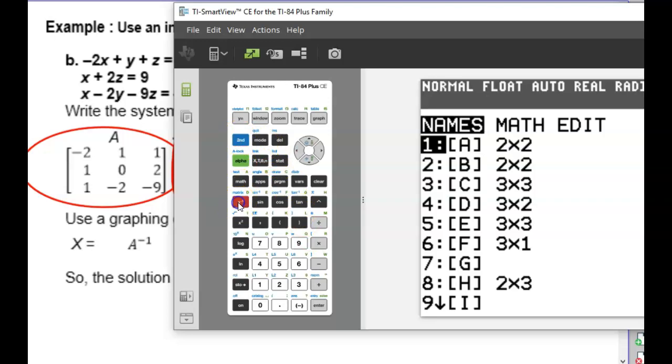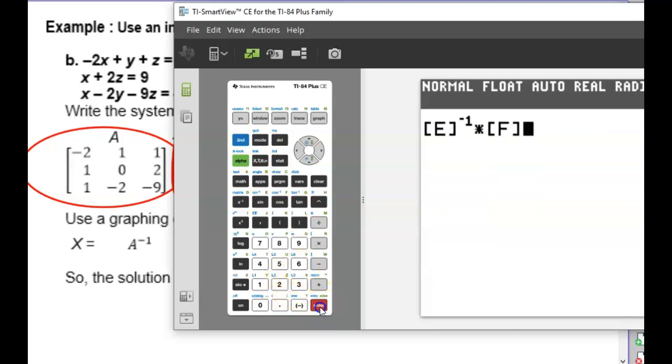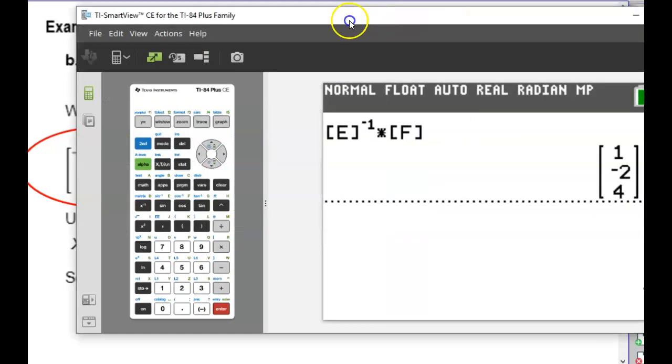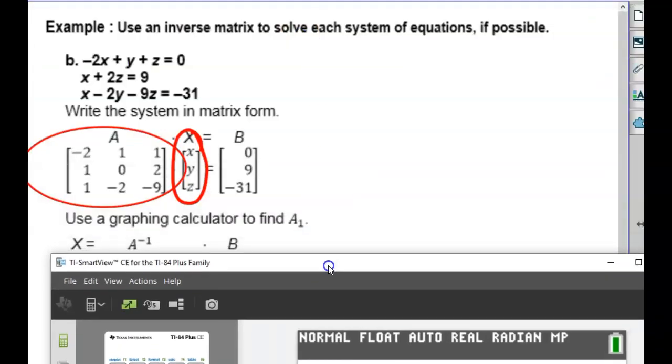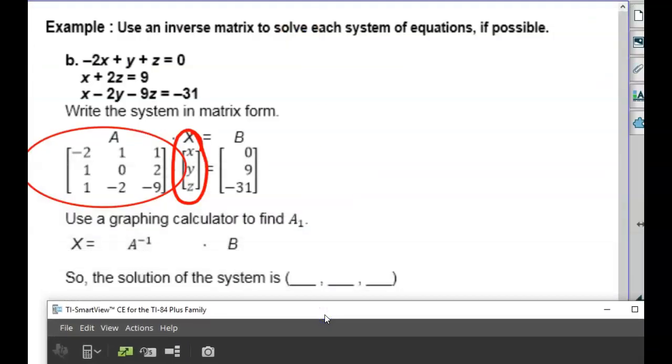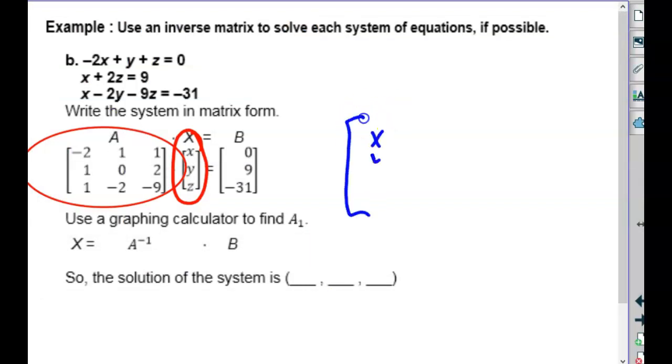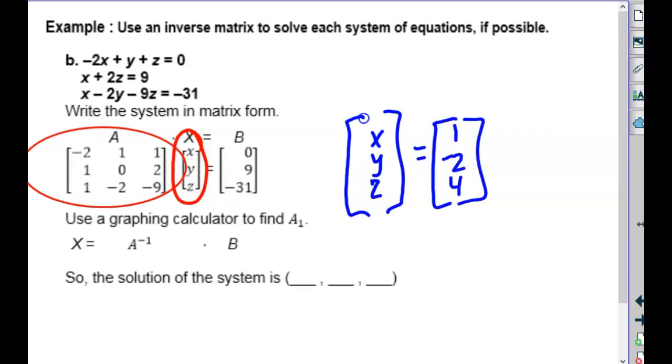Then you go back into matrix and put the name of the other one you did. Okay, what'd you get? 1, -2, 4. So our answer was 1, -2, 4.